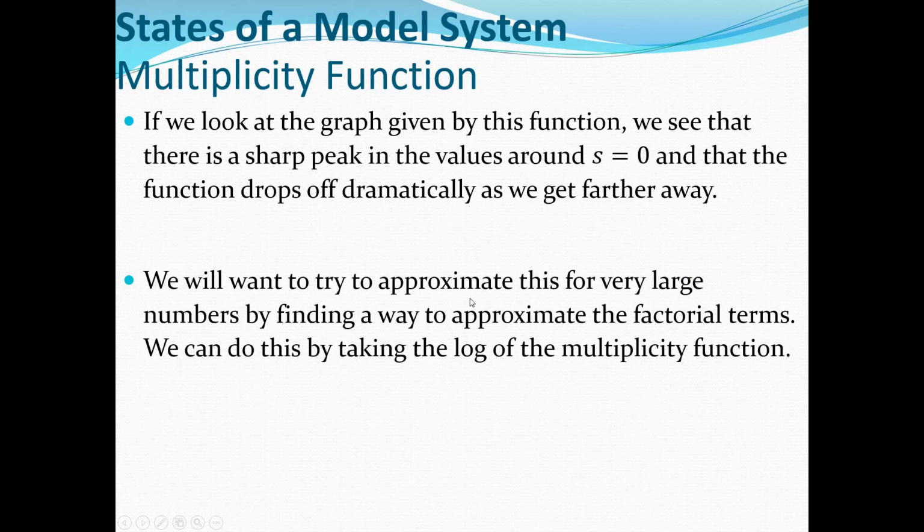Now, okay, so what we're going to want to do is that multiplicity function that we have is nice because it is fairly simple. The problem, though, is that again, we're using large numbers. So that factorial equation will work for something like 50.